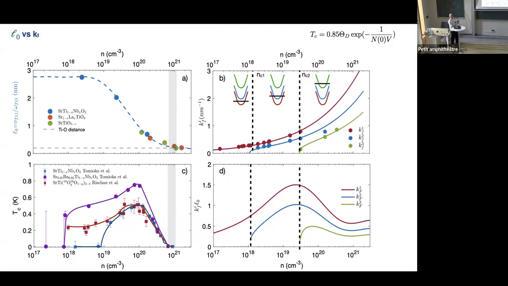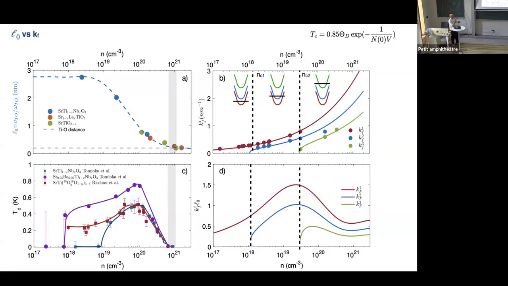So the bottom line here is that we can have a very simple description of the superconducting dome in STO, which is a result of the competition between the increase of the density of states and the fact that as we add electrons to the system, we have this length scale that's shrinking and then drives the decrease of TC at higher doping.